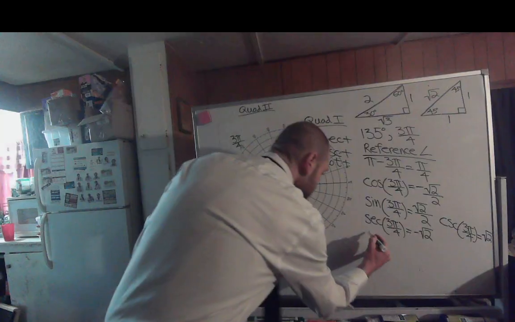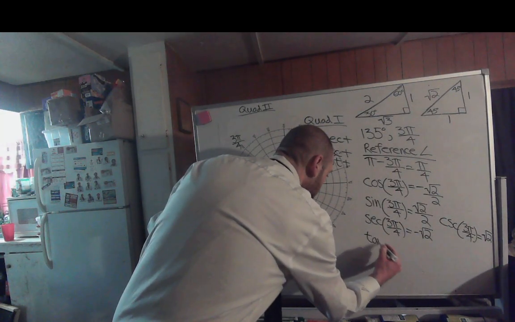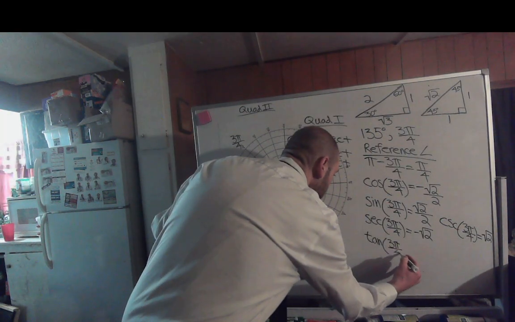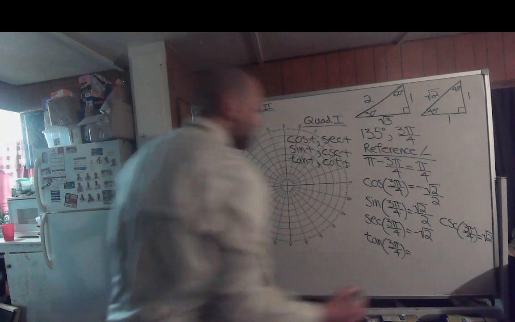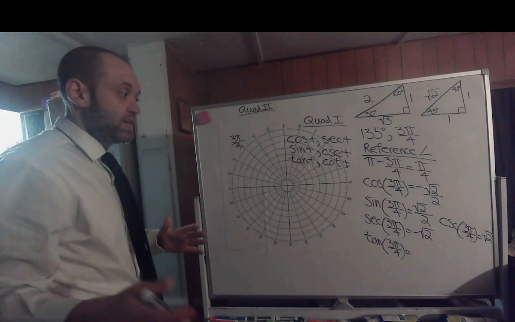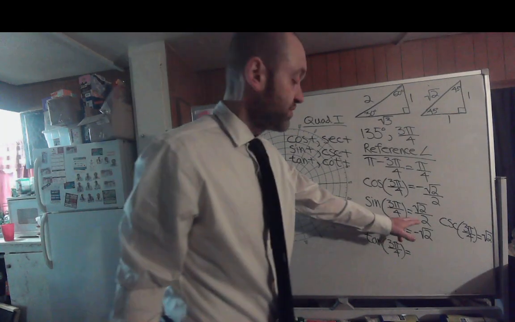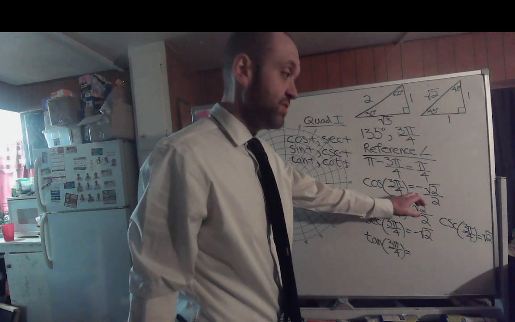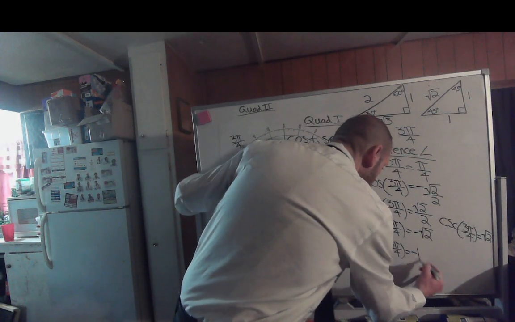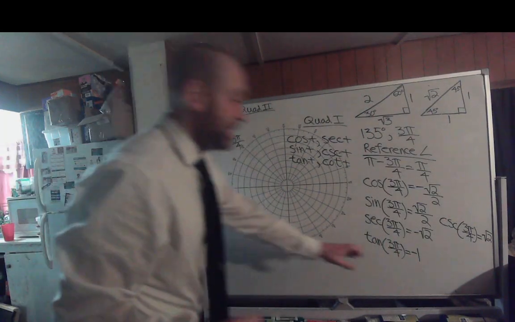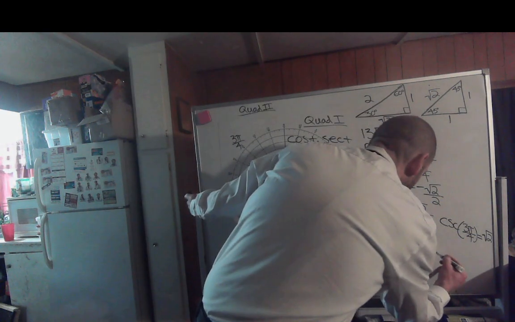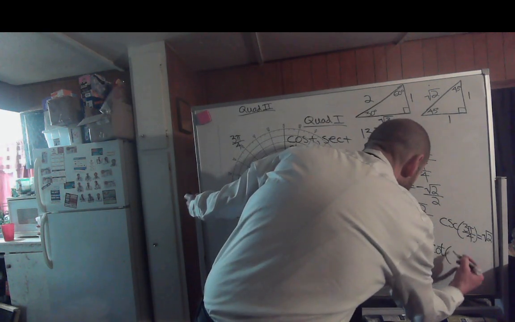Now let's find the tangent of 3 pi over 4. So the tangent, that's sine over cosine, right? So positive square root of 2 over 2 all over negative square root of 2 over 2. That's going to give you negative 1, right? So your tangent would actually be negative 1 for 3 pi over 4, which also means your cotangent's going to be negative.